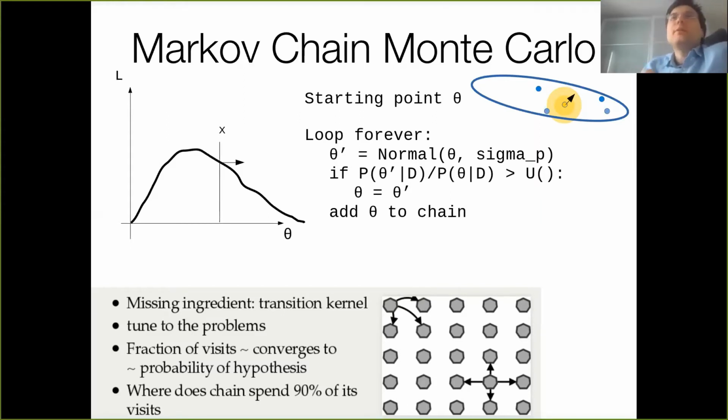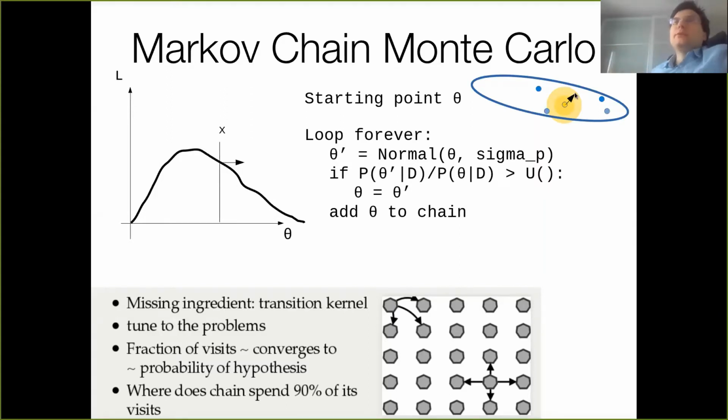So the idea of Markov chain Monte Carlo is that you choose a starting point, and then you do the following forever. You have a proposal distribution, for example, a normal distribution in your parameter space. You jump somewhere, and then with the posterior probability ratio of the new point to the current point, you accept. In particular, if the probability increased, you always accept.